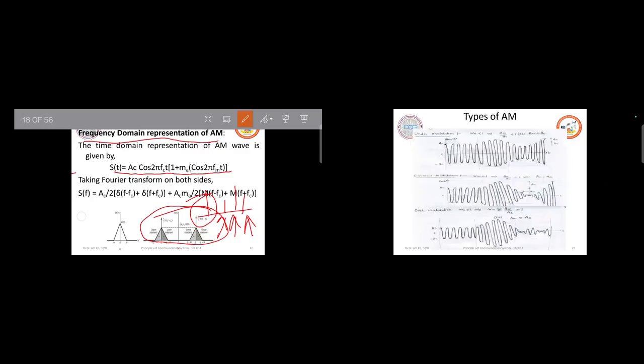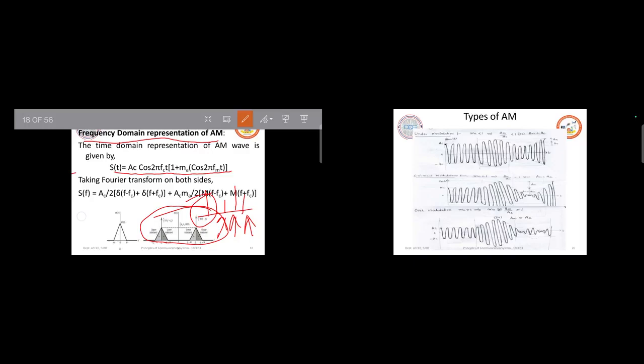We'll see how the waveform looks now. These are the three waveforms that we have drawn for the three different cases. Can somebody tell me in which case the envelope is retained without any distortion?